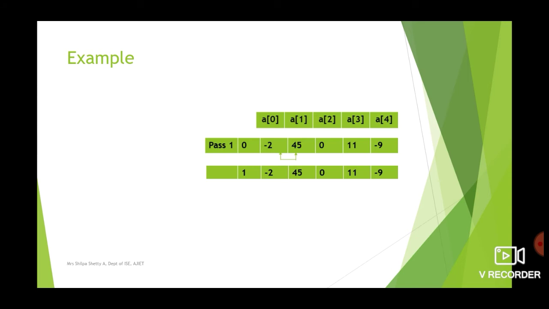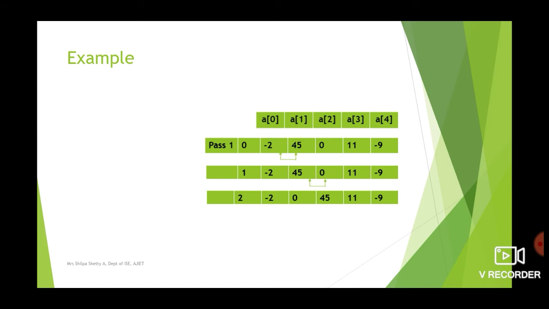This time we will compare the second element with the third element. That is 45 and 0 are compared, and you know that they are not sorted. 45 is greater than 0. So you have to bring 0 first and then take 45 to the next location. Once you do this, the elements of the array will look like this: -2, 0, 45, 11 and -9.